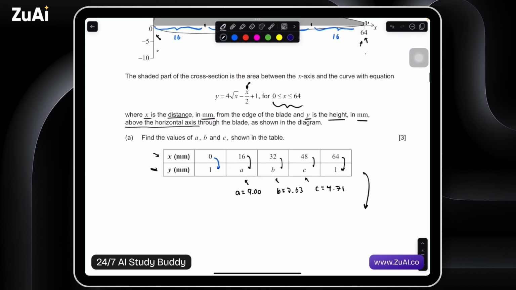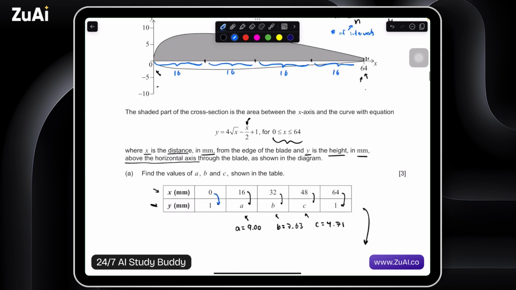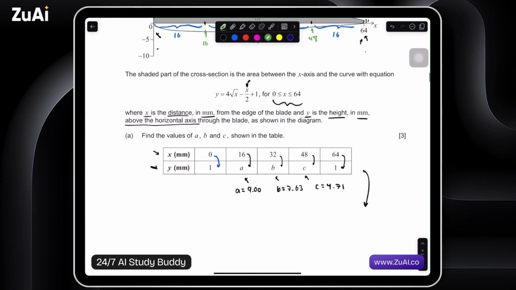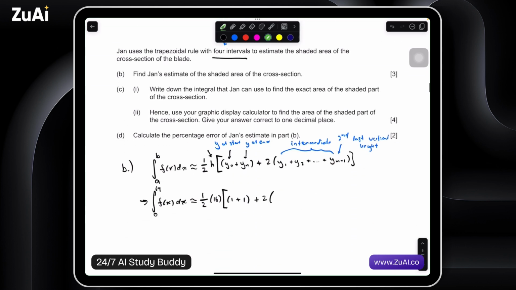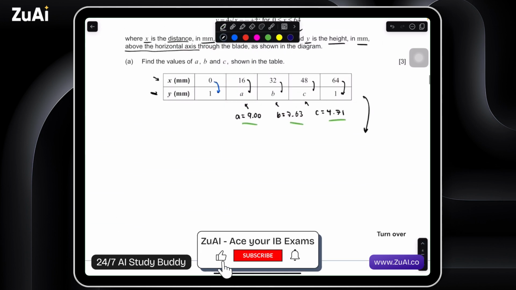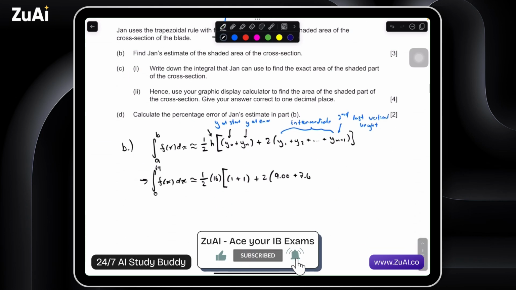So y1, they asked us to find this earlier. So when we're at the value of 16, what is our height? When we're at 32, what's the height? And when we're at 48, what is the height of the trapezoid? We found these values earlier, so we'll plug those in as well. 2 times, and this is going to be 9.00 plus 7.63. And I believe this last one was 4.71.